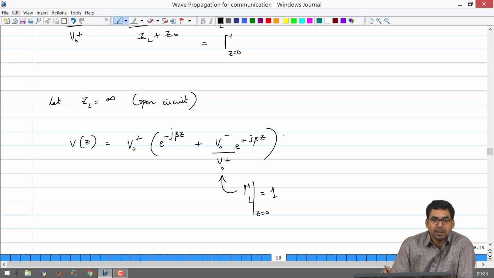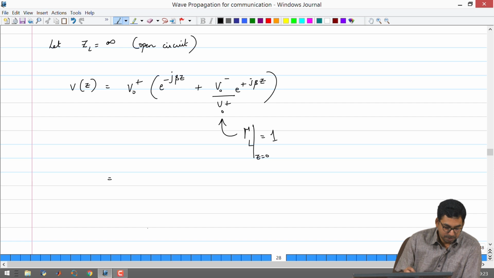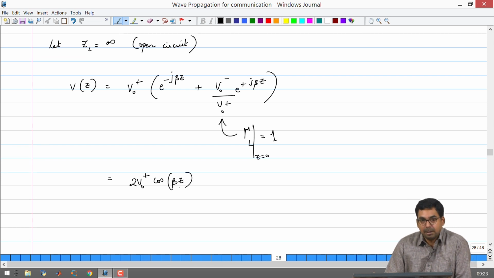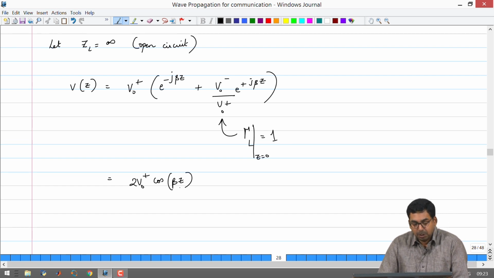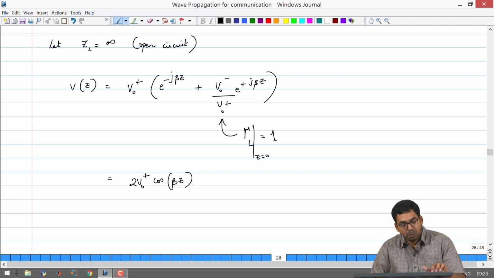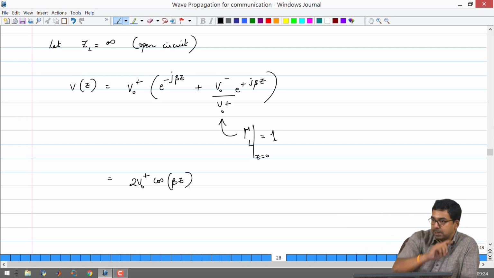The sum of two complex exponentials with opposite signs in the exponent means you will end up getting a cosine. So this is going to be equal to 2 V naught plus cos beta z. Now, this is a very important thing to look at. It means that the voltage at any position z in the transmission line, where z is taken from the load towards the source end, will vary as 2 V naught plus cos beta z.